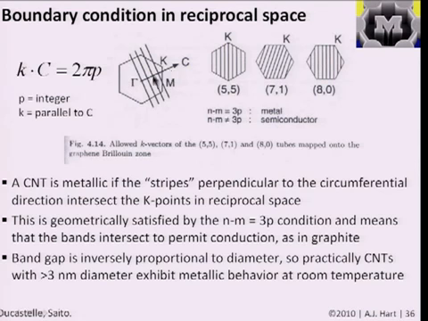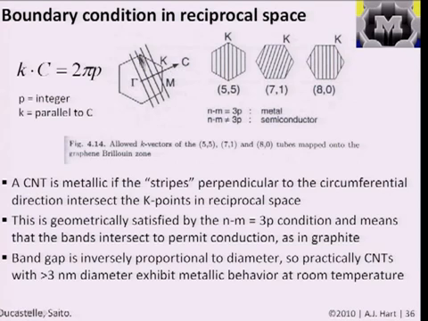And if you plot the circumferential vector on the reciprocal lattice, and you enforce this condition of periodicity, where p is an integer, c is the circumferential vector, you have a constant 2 pi, and then you have the wave vector k in the direction parallel to c.